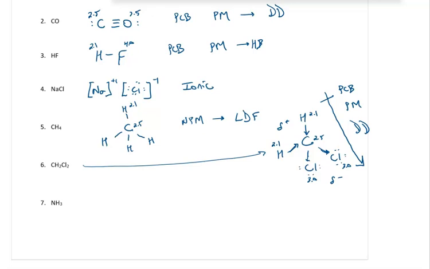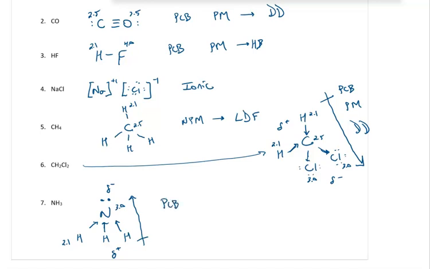Now my last one here, ammonia. I've got a nitrogen bonded to 3 hydrogens. That nitrogen has a lone pair on it. Whenever we see a lone pair on a central atom, we know it's automatically going to be a polar molecule. In this case, nitrogen has an electronegativity of 3.0, hydrogen's 2.1, so my electron density is going to be pulled towards the nitrogen, which means that the nitrogen is going to be my partial negative, and my hydrogens would be my partial positive end.